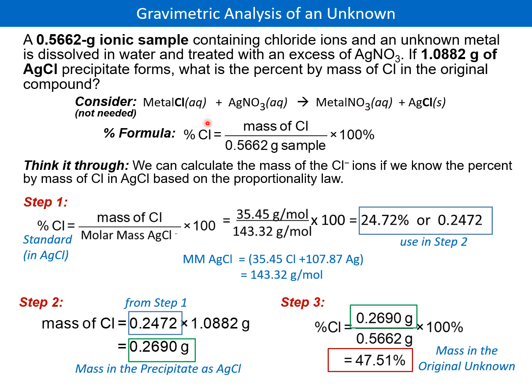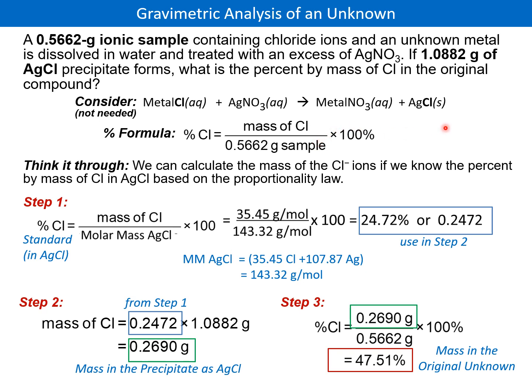Now, what we can do then is use the mass of chlorine divided by the original sample mass to get the percent chlorine in the sample. However, we don't know the mass of chlorine.